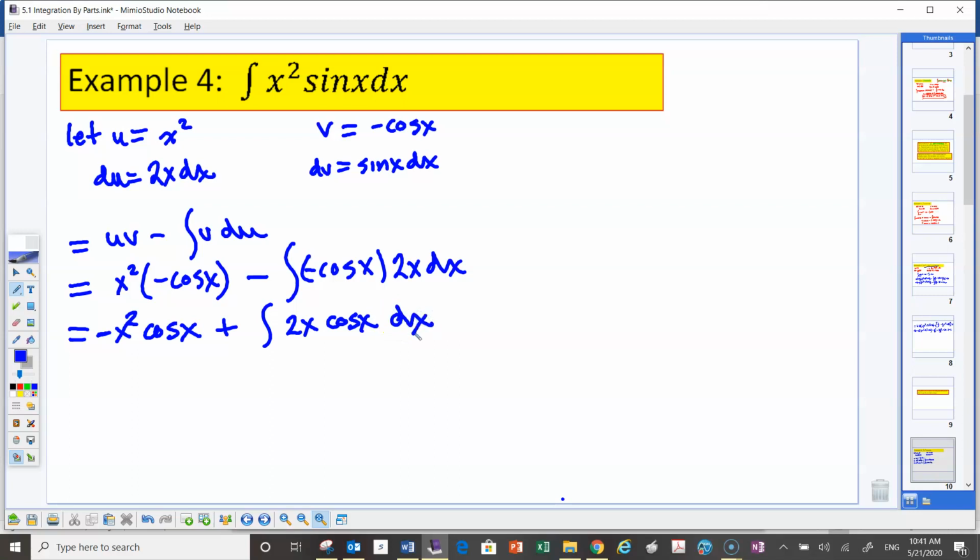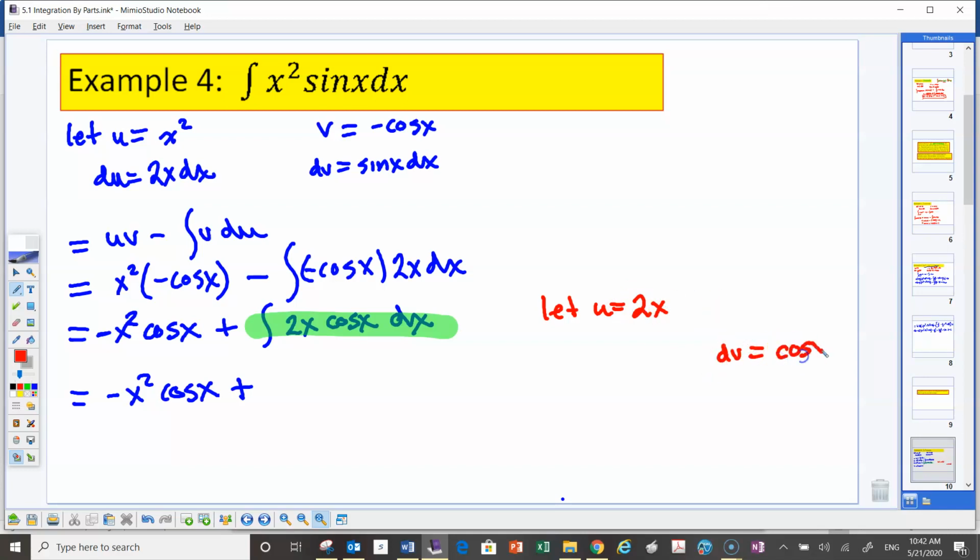And now I have to use integration by parts again on this part. So negative x squared cos x tags along, and now I'm going to let u in this case be 2x, and dv is cos x dx, so du is 2 dx, and v is sine x.